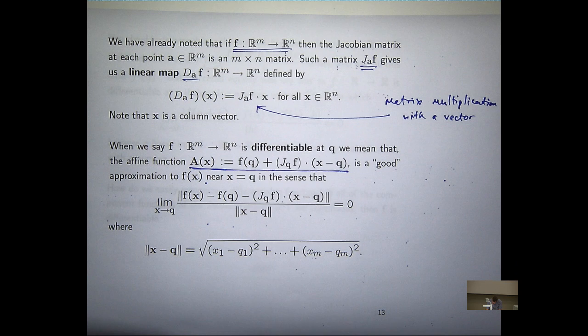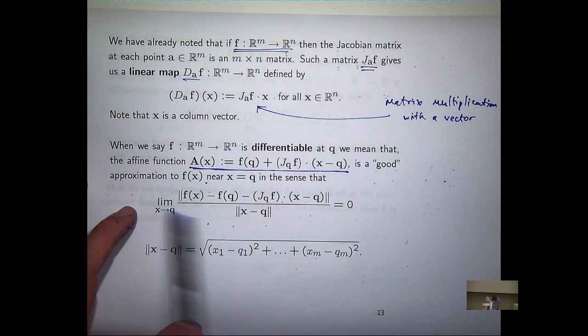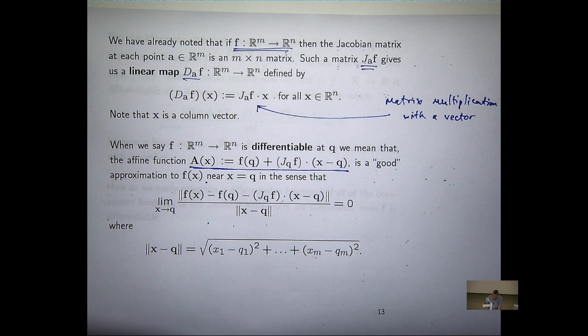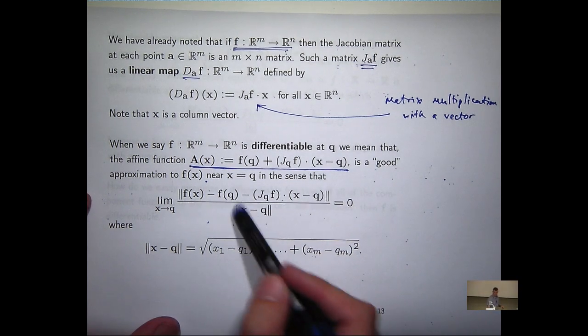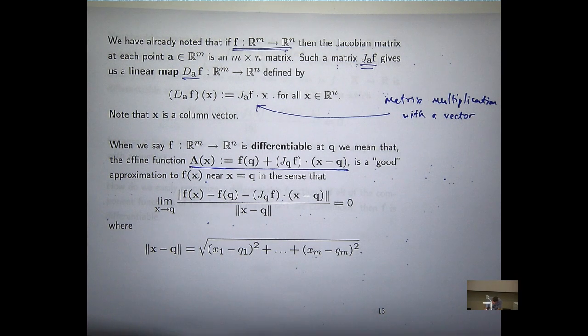So what do we mean when we say this affine function is a good approximation to f near the point? Well, we define it to be this way. Now this is much like a step up from what we saw in section 3, but the ideas are pretty much the same. Just think of this as a distance, and roughly this top bit as a distance as well.